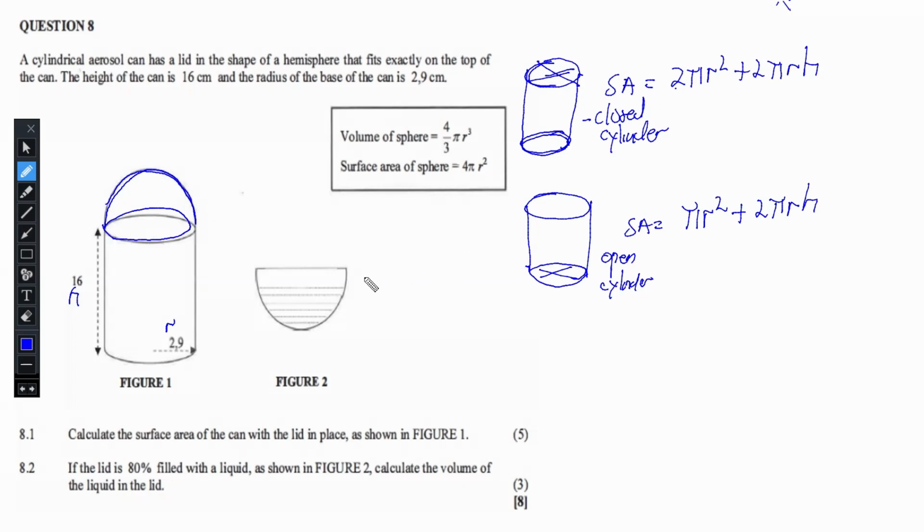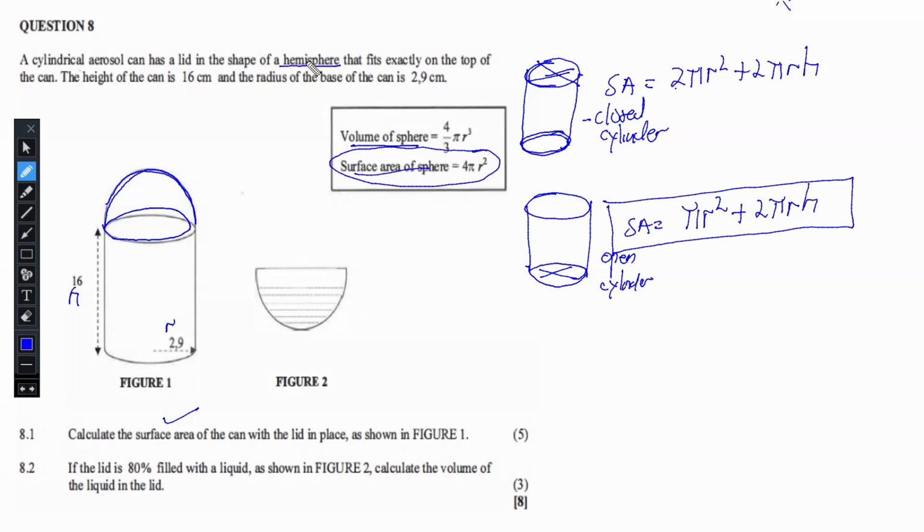So in calculating the surface area of the cylindrical can, which formula would we have to use? It's obviously this one, because we understand that this is an open cylinder, and the lid is only the hemisphere. Now, we are given the volume of the sphere and also the surface area of the sphere. Here we must calculate the surface area, so we'll look at this formula. But the problem is this is the surface area of a sphere, and we are given a hemisphere.